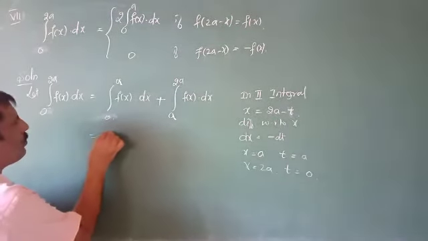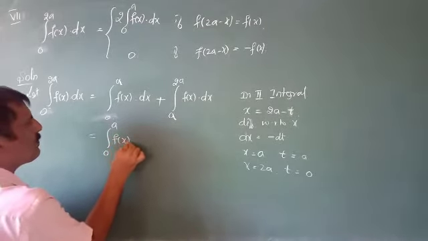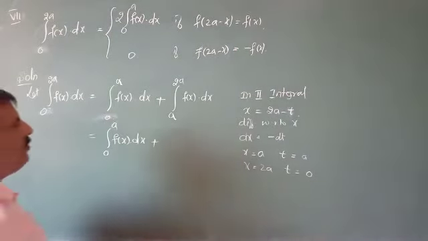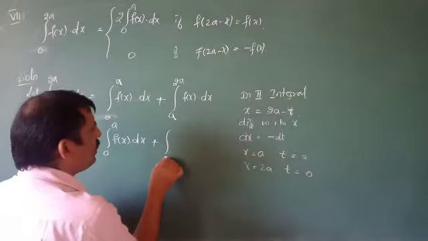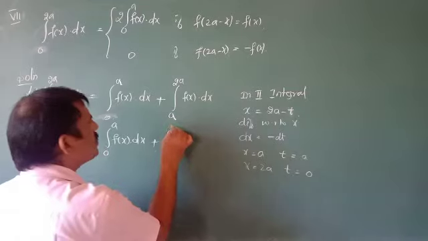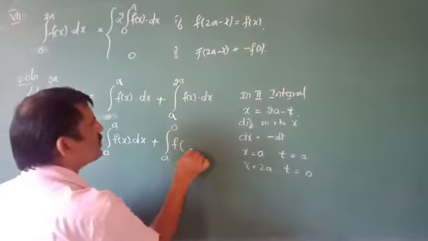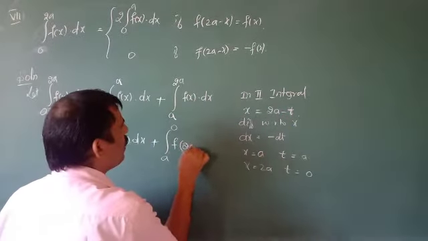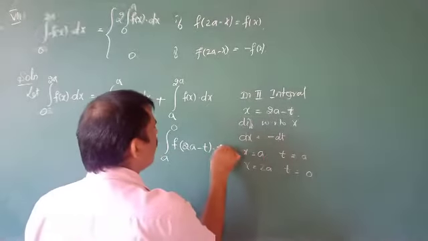So this is equal to the integral of 0 to a of f of x with respect to x, the first integral. In the second integral, when x is equal to a, t is equal to a, and when x is equal to 2a, t is equal to 0. Here x is equal to 2a minus t, and dx is equal to minus dt.